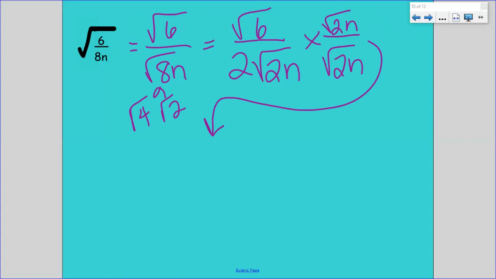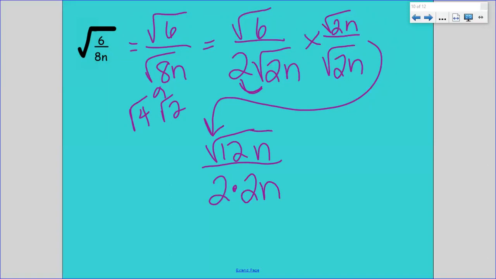So 2 is still on the bottom, but the square root of 2n times the square root of 2n, as we know, is just 2n. So I'm going to multiply by 2n, because there's already a 2 out there. And this is multiplication, even though there's no multiplication sign. So when I multiply this by this, I end up with 2n. Now, on the top, I have the square root of 6 times 2 is 12, and then n.